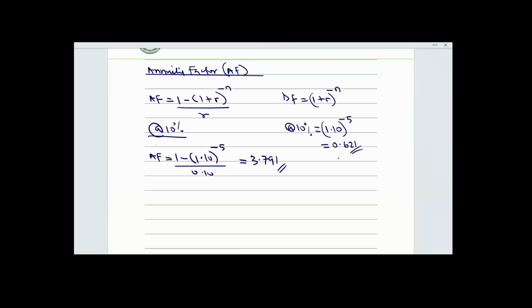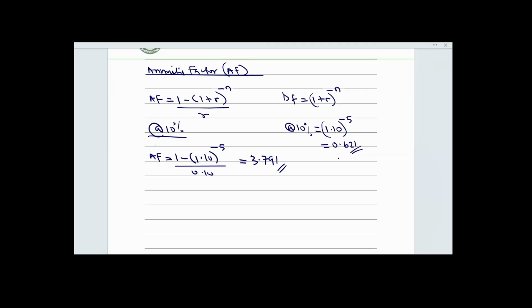You start from the parentheses. You cannot say one minus. You start from the brackets. What is inside the bracket? What is inside the bracket is 1.1. Therefore, from your calculator, you press 1.1 raised to power minus 5, press answer, and keep it somewhere. Then you type 1 minus the answer, equal to, divided by 0.1, equal to, you get 3.791.